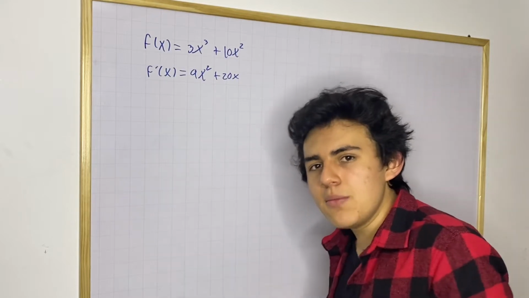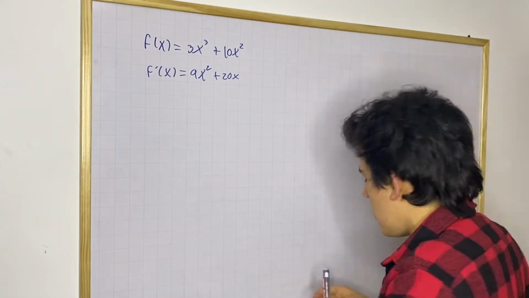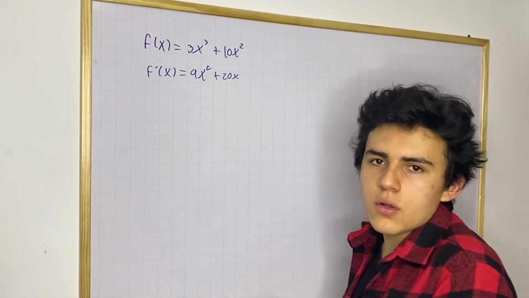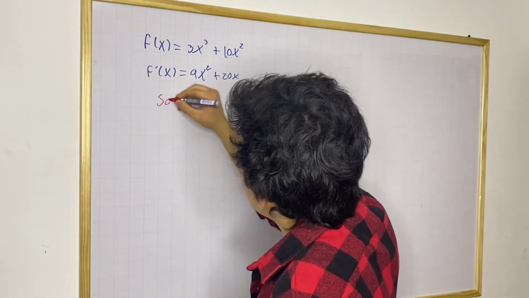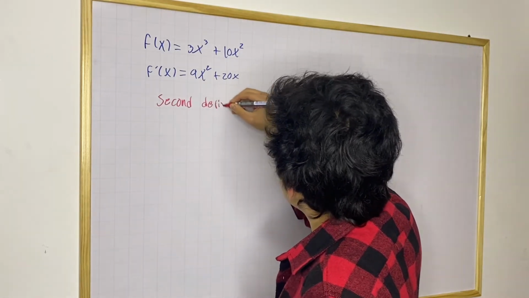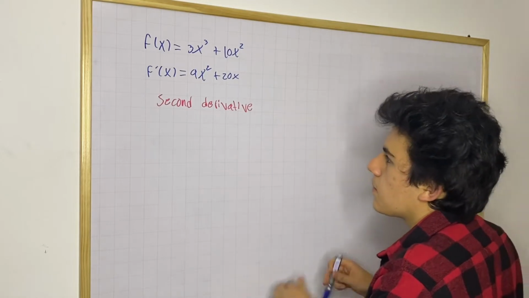Now, what does it mean to take a derivative of a derivative? That is what we call a second order derivative, or simply the second derivative. Let me write it. You can see it like this.